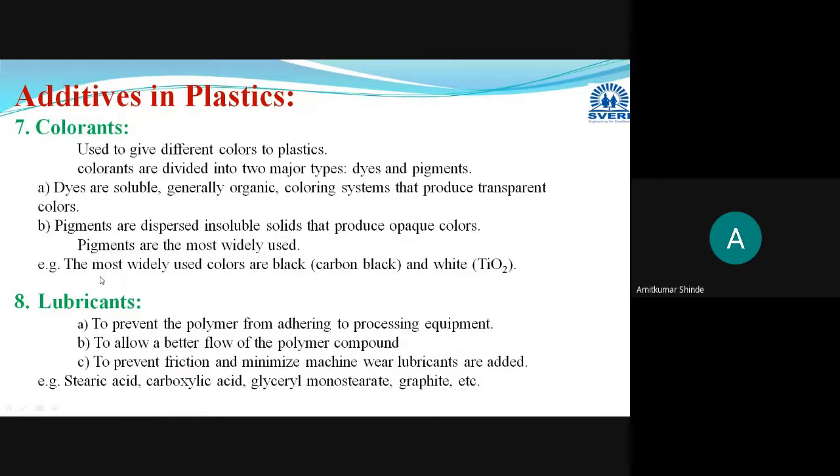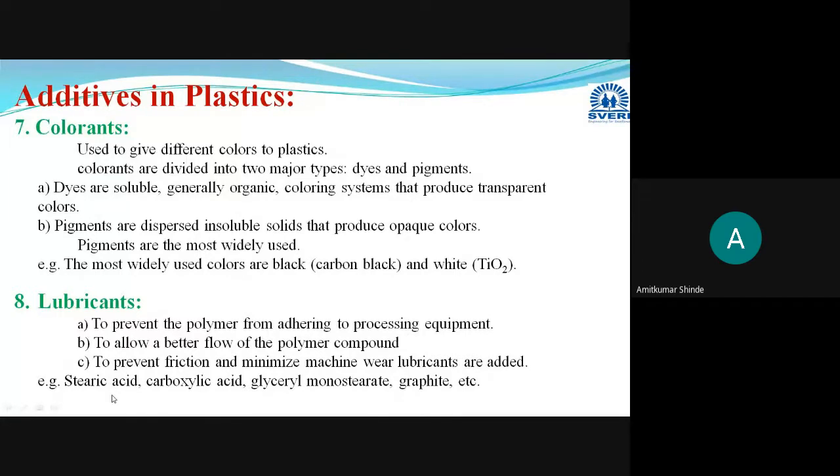Some lubricants used are stearic acid, carboxylic acid, glyceryl monostearate, and graphite. Particularly, glyceryl monostearate is added to prevent the polymer material from adhering to the processing equipment. And the flowability will be improved by adding stearic acid.